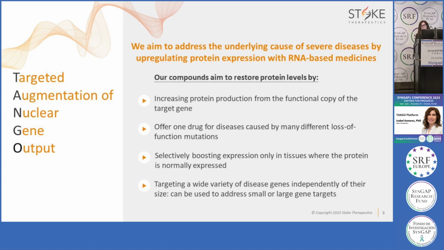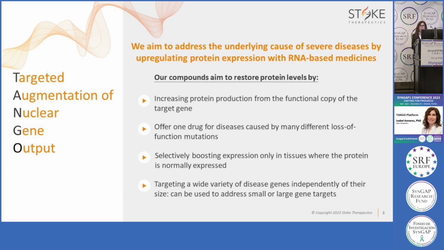I'll tell you a little bit more about that in a few slides. With our method, we aim to increase functional protein from the functional copy of the target gene. In the context of haploinsufficiencies, there's a functional copy there that is a great reservoir of good protein for us to leverage and increase gene expression.